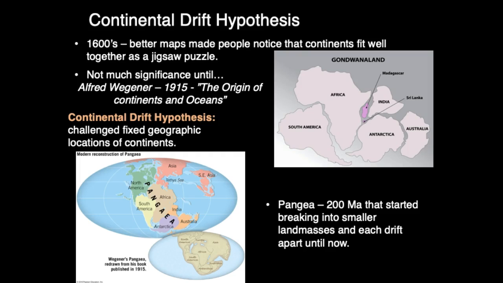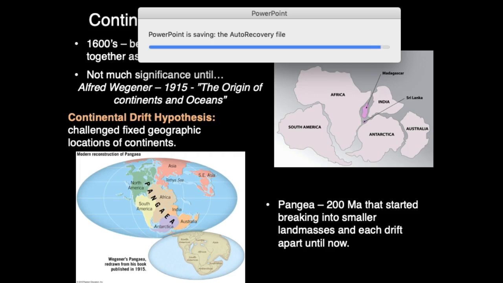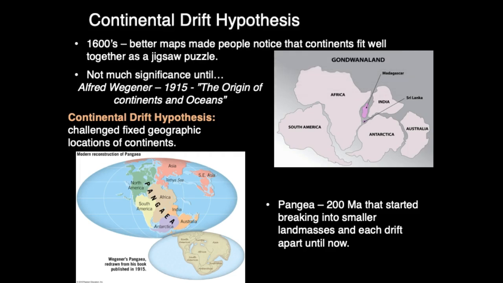This book, which explained the hypothesis of continental drift, was very innovative, and it challenged the idea that continents and ocean basins were static, and presented an idea where these continents actually drifted their geographic location through time.